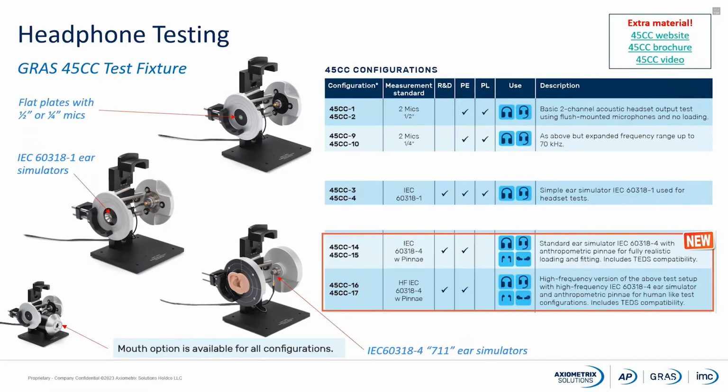For testing in-ear and earbuds with the 45cc, you will need an ear canal, so therefore you have to go to the newer version of the 45cc, the versions which actually have the IEC 60318-4 ear simulator mounted.